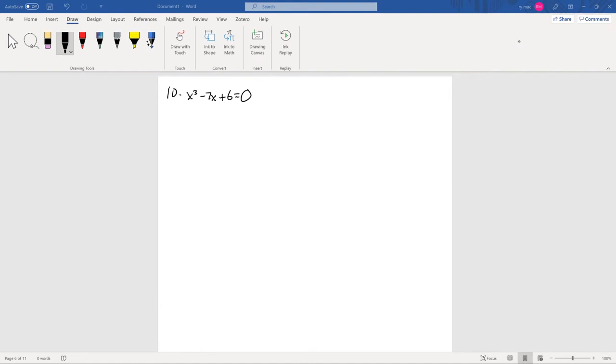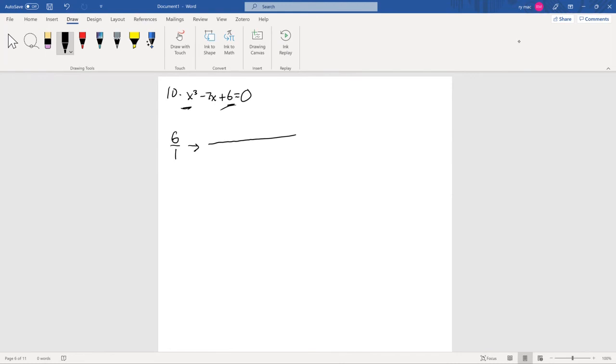So what those are is you're going to take your last term and your first term, or I should really say, to be completely exact, the coefficient of your last term and the coefficient of your first term. So in this case, it would be 6 over 1. Now we want to write this as all the factors of 6 on the top and all the factors of 1 on the bottom.